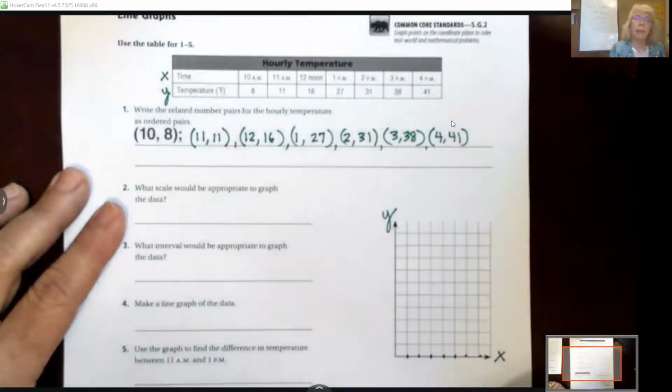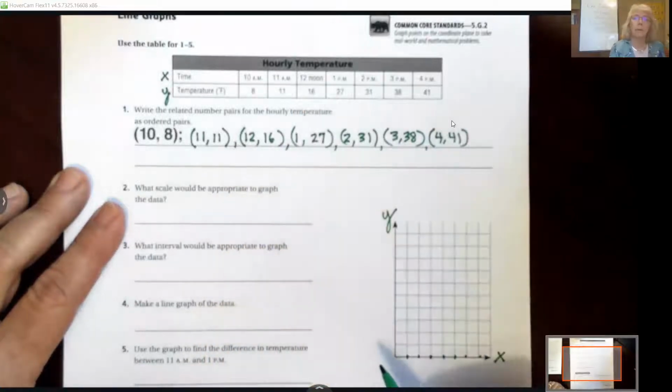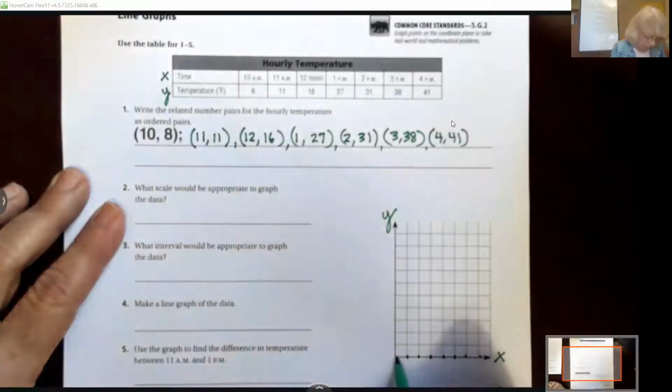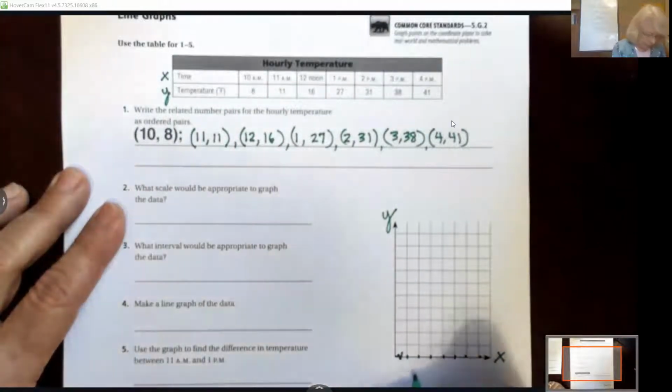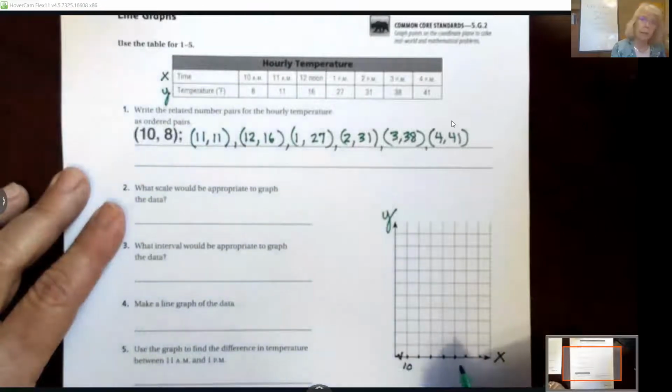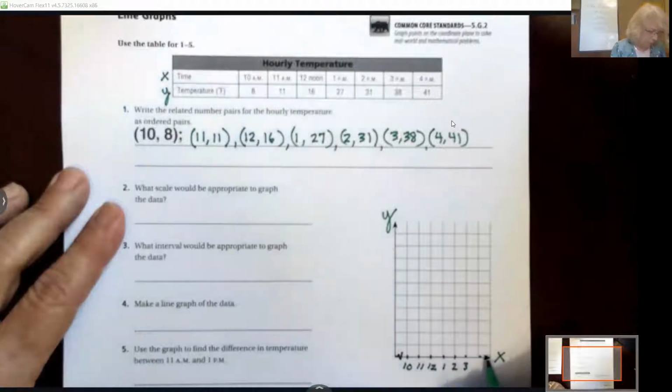So on the bottom, it's pretty easy. It starts at 10 and it keeps going through time. So I'm just going to put a little wiggle there to show that it could have started some earlier time, but 10 a.m. is the first one we care about. Then 11, and then 12, and then 1, 2, 3, and 4.